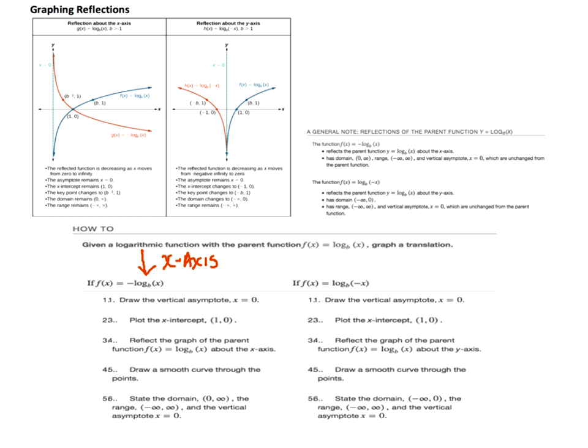If you multiply by a negative on the inside of the function, that is a reflection over the y-axis. But let me point this out: when you reflect over the x-axis, that is happening to the y values. And when you reflect over the y-axis, that is occurring on the x values.